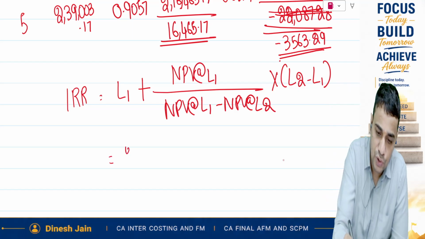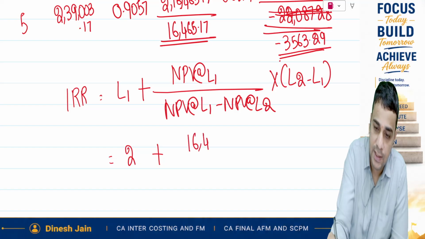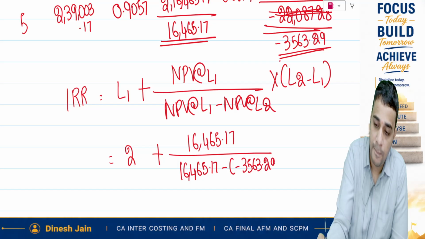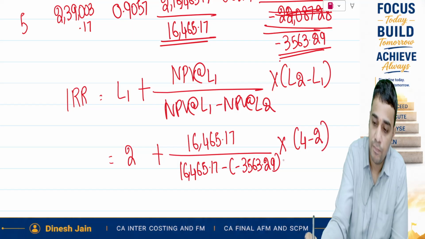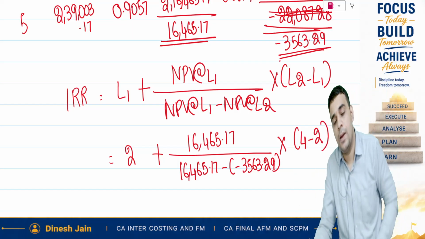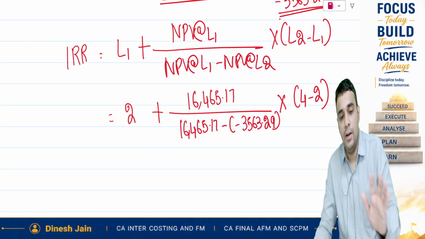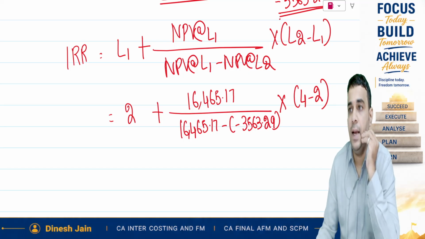The lower rate is 2, NPV at lower rate 16, divided by 16, minus of minus will become plus, 4 minus 2, minus of minus will become plus, NPV at L1.